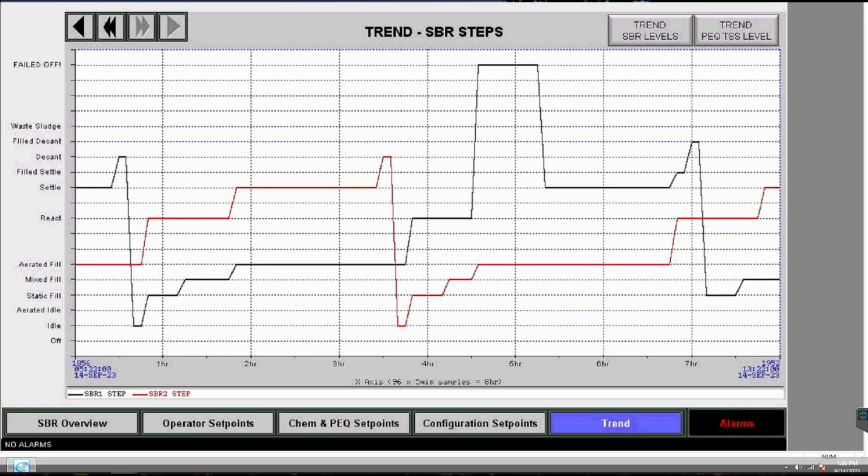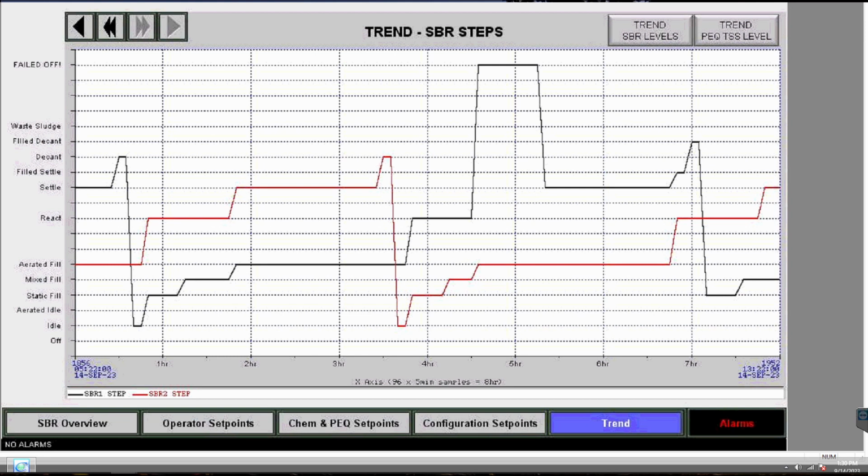I need to make sure then that the other tank is in idle by the time this tank reaches top water level. But it can't shorten settle. Settle is a set amount of time. It can't really shorten decant either, because what we're trying to do in decant is get down to bottom water level. So the best it can do is kick a tank out of aeration sooner than it normally would based on aeration time set points.